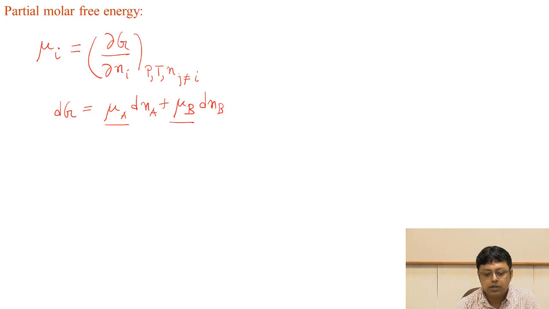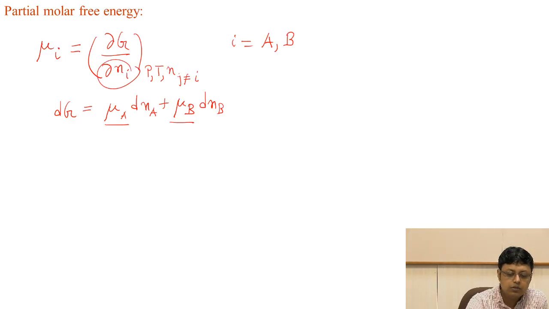In the sense it is partial, that we are writing it for a two component system where the components are again A and B, and that's why it is partial, and it is molar because it is per mole. So Gibbs free energy per mole is nothing but the chemical potential. That's why we directly write mu A here. So this is nothing but the differential change in this context, and we call it a partial molar free energy.